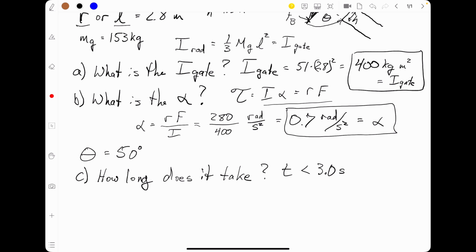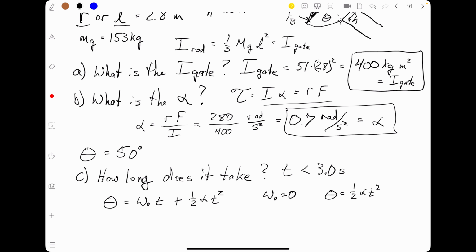Let's find out. We have theta equals omega naught, which, think about what omega naught is, times time, plus 1/2 alpha t squared. Omega naught, of course, is the initial movement of the gate, which is nothing, right? So omega naught equals 0. That leaves us with theta is equal to 1/2 alpha t squared.